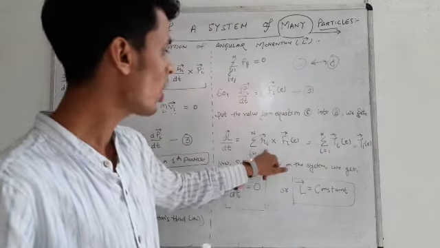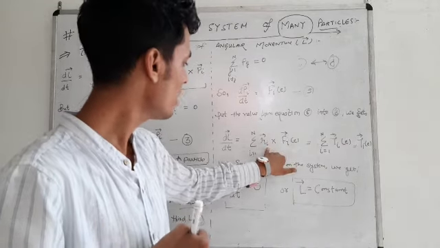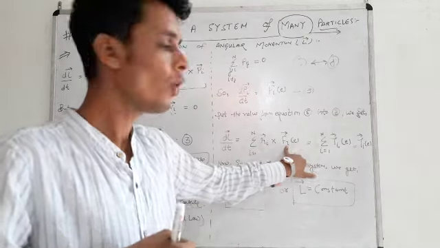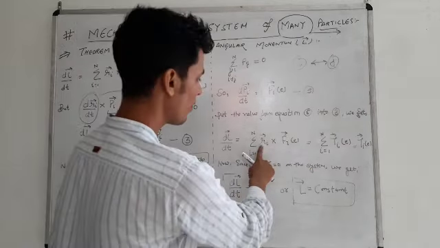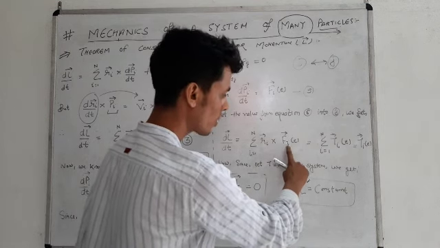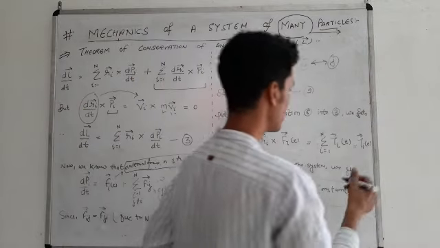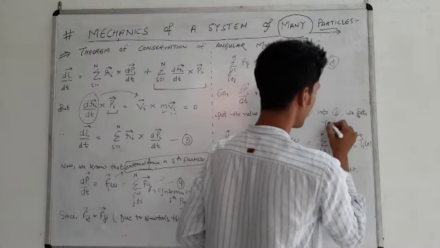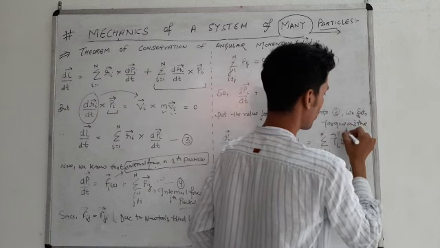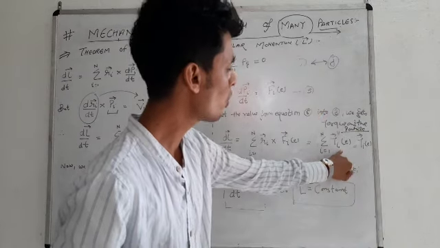Since we are talking about the ith particle, we have subscript i in the position vector and subscript i in the force. So the position vector of the ith particle cross product with the external force on the ith particle will become torque. This is the symbol of torque, the torque on the ith particle.